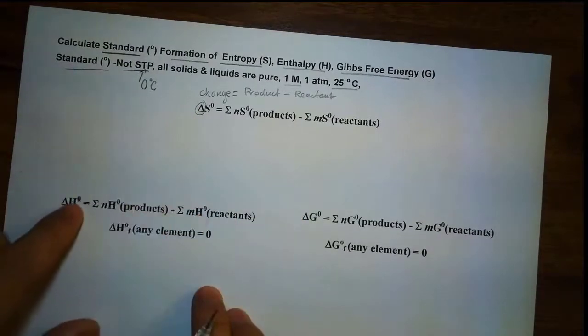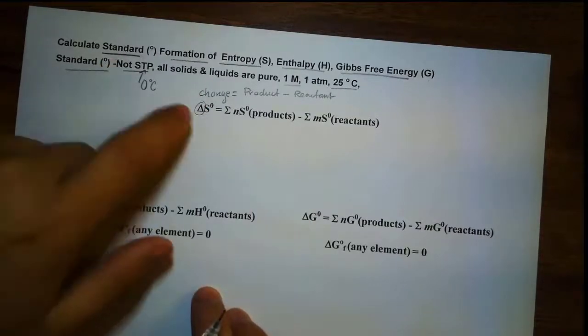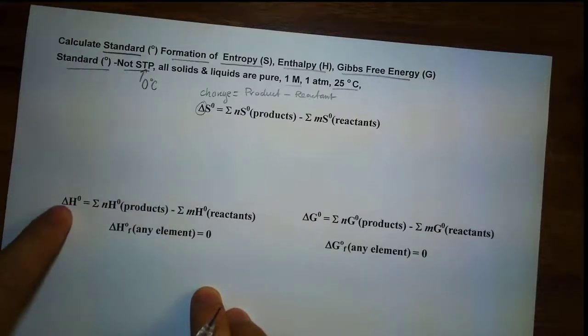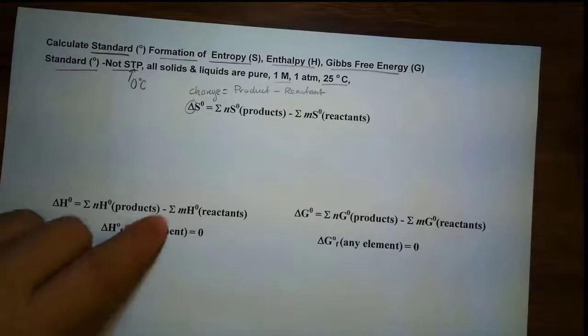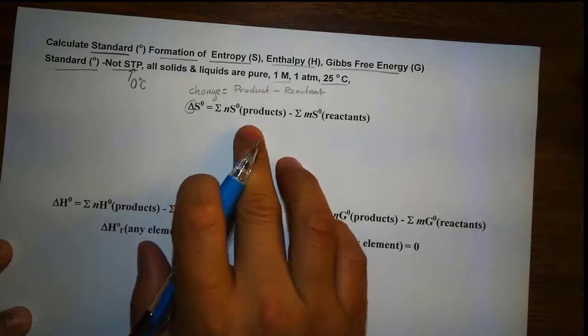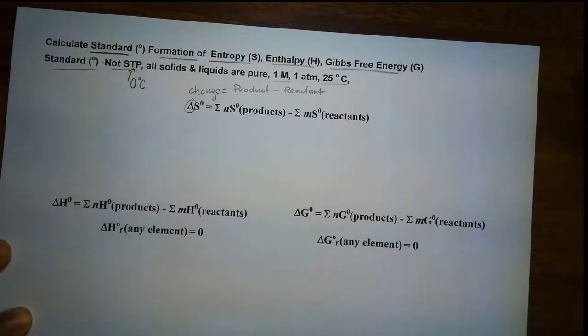And look at the little circle on top, that superscript that tells you you are calculating at standard conditions. In this case, standard entropy, standard enthalpy, and standard Gibbs free energy. And the equation is pretty much the same: you take the sum of the products minus the sum of the reactants for all of them, except for one thing.